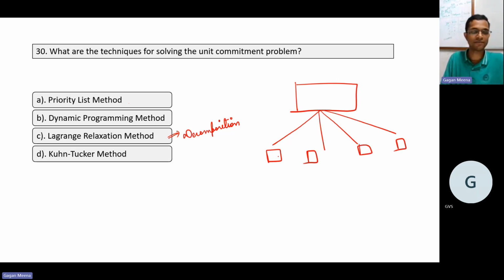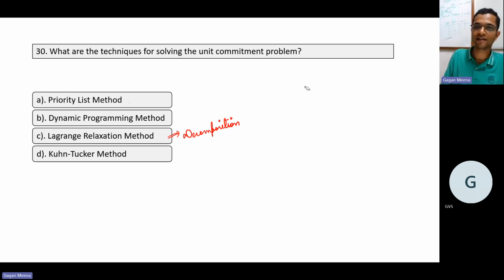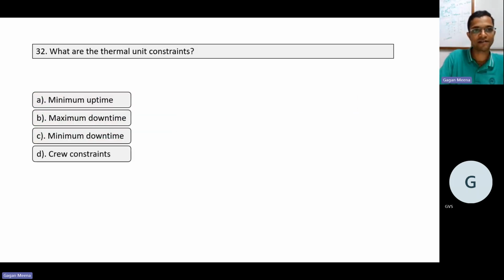Each of these is very simple to solve, and then we solve them individually, and there is a connection between these problems. There is a master problem and a slave problem, and we connect these two. That is the main concept used in decomposition, and Lagrange relaxation is one of such methods. These are the three methods.